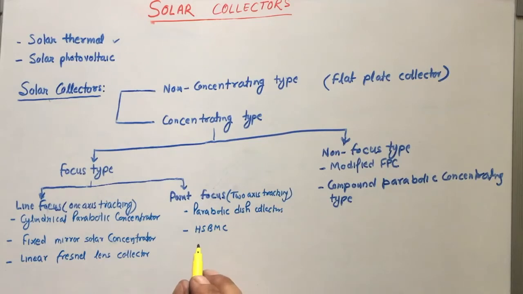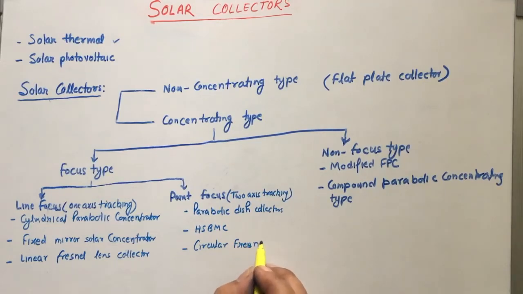Here linear Fresnel lens is there. In point focus we will include circular Fresnel lens concentrator, and the last one, central tower receiver, we will include in this.